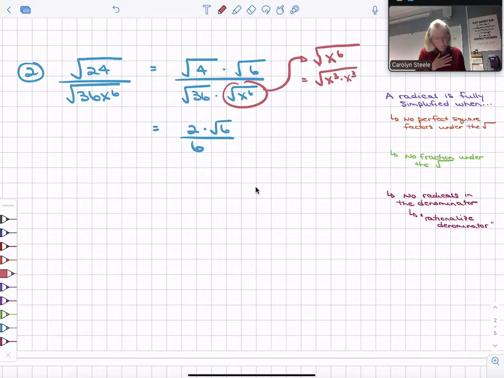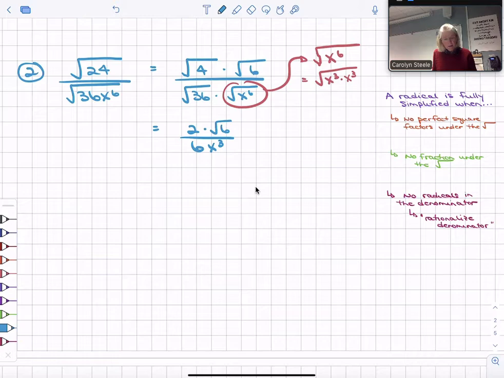So I can always take a power and turn it into multiplication using that pattern in the opposite direction. Whenever I see something being multiplied by itself and I want to take the square root, I know the square root of x cubed times x cubed is simply x cubed. If that feels fuzzy to you, keep thinking about it, pause the video, maybe ask a classmate, ask me, and we can talk about it some more.